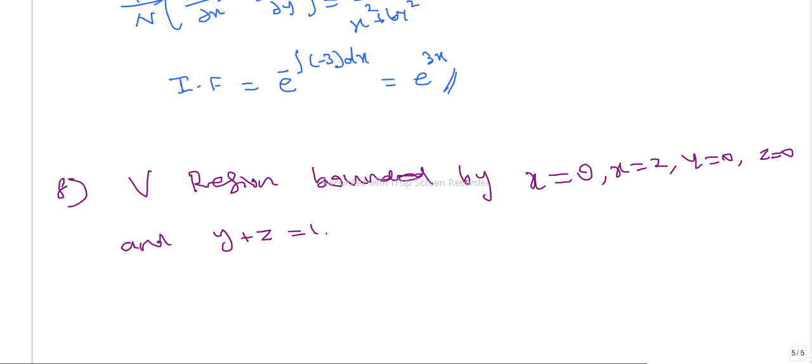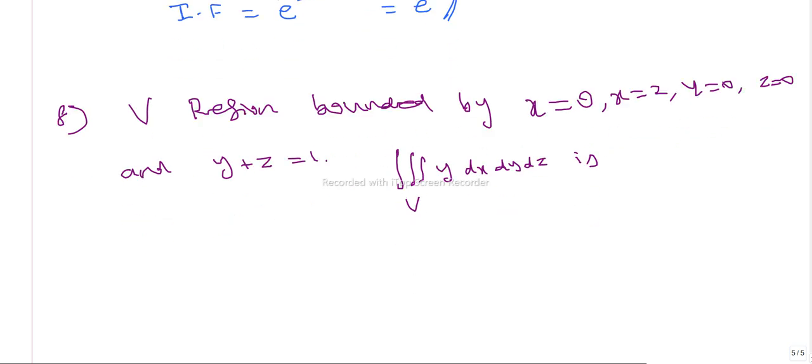Then what is the value of the triple integral over the region V of y dx dy dz? So here the function f(x, y, z) is y actually. The options are 1/2, 4/3, 1, and 1/3.